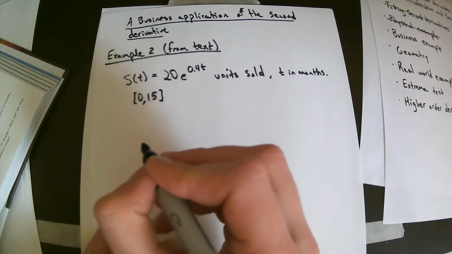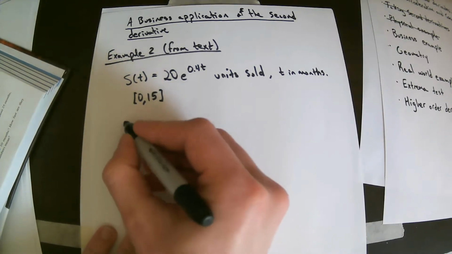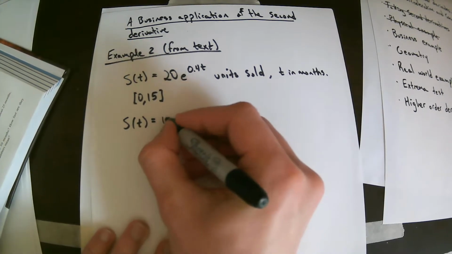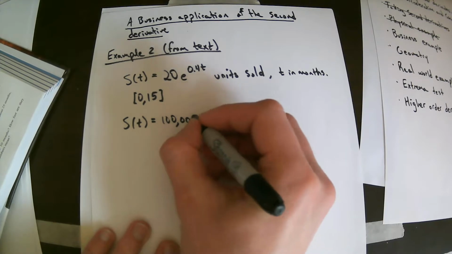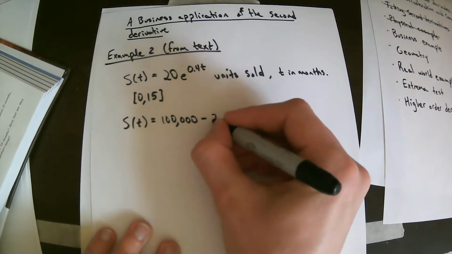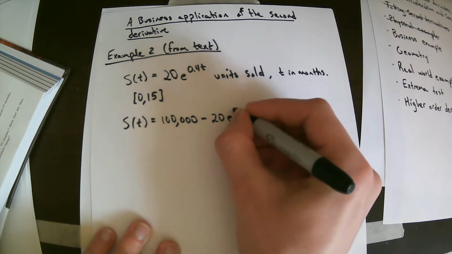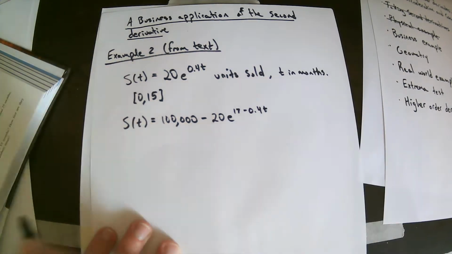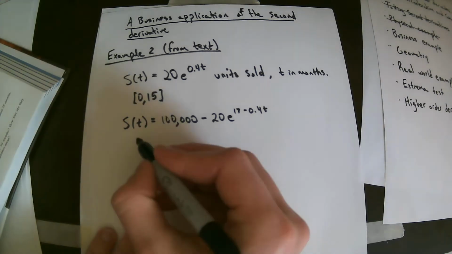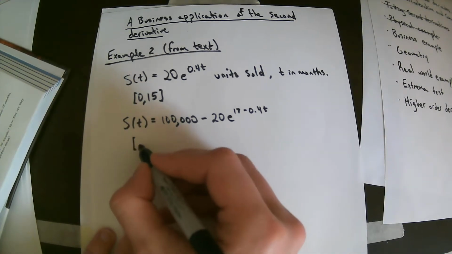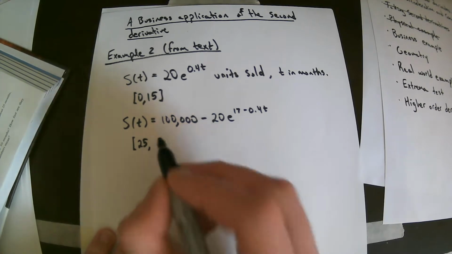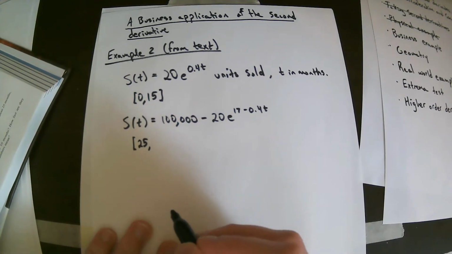And then it gives another function. It says after about 25 months we have a different curve, which is given by this function, e to the 17 minus 0.4 t. And this is after 25 months. So from 25 months to, and again, they don't specify.